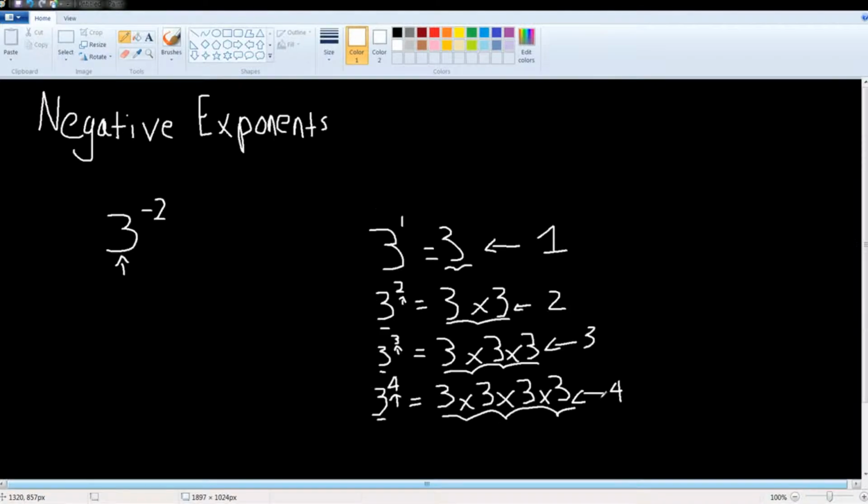Like I said before, math is about recognizing patterns. As you can see, each time we go an exponent higher, we're multiplying by 3 one more time. So if we keep on going, it increases, and we're multiplying by 3 each time.